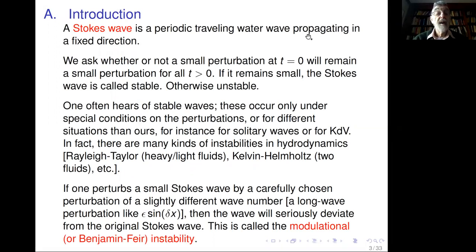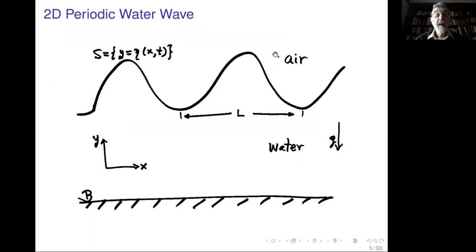So we talk about water waves. Here's a little picture of a water wave that goes up and down, and there's a bottom. So it's the bottom, say, of the ocean, and there's some wave on top, air on top, and water.